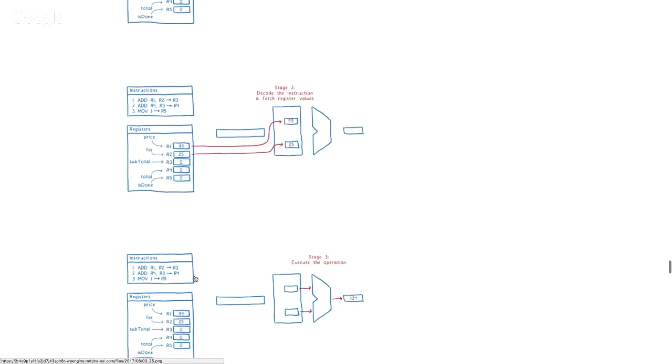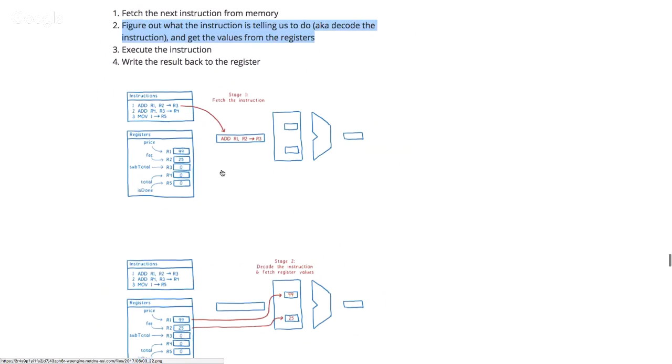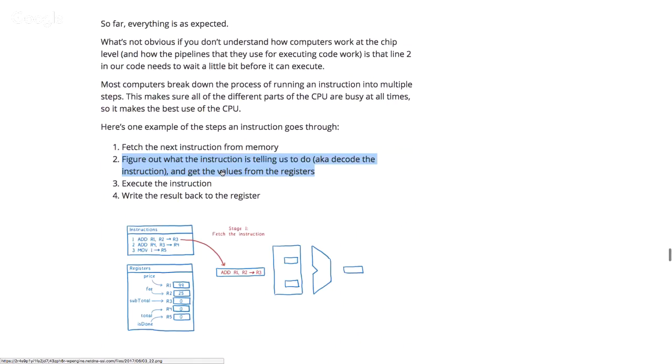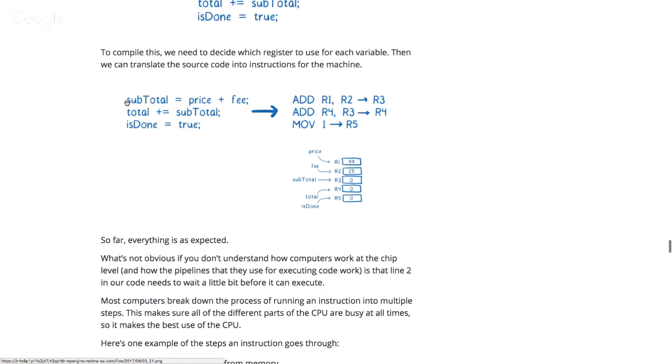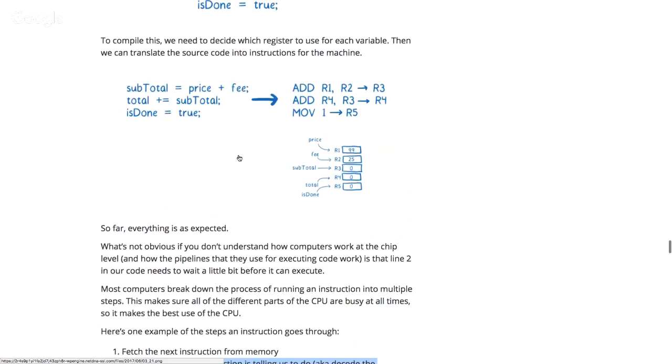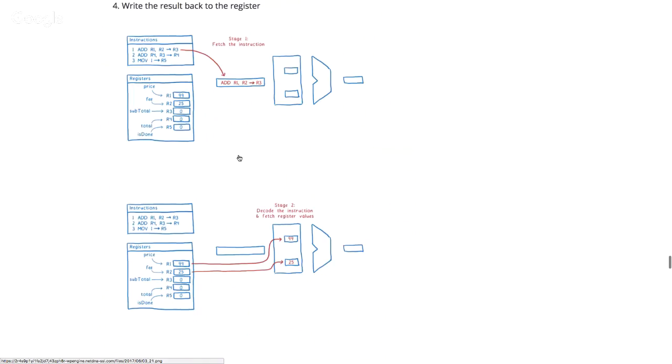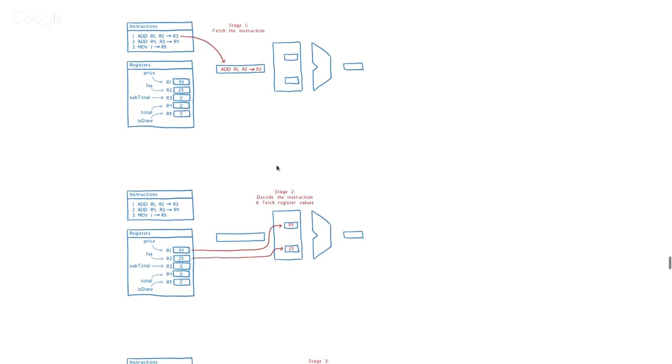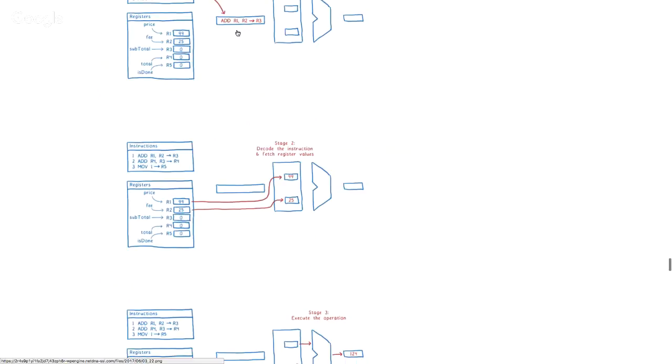So looks like a small instruction, like if we go back here, if you take the first line, subtotal equals price plus fee, that will translate to add R1, R2 and store it in R3. And that's the first step. It'll fetch that instruction. And the second stage is decode it.